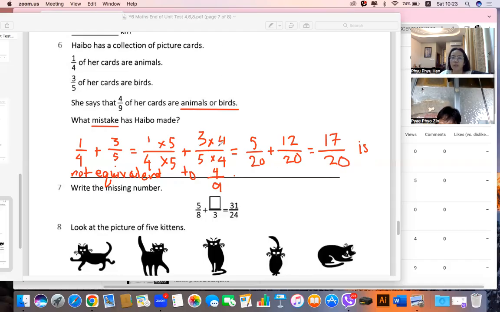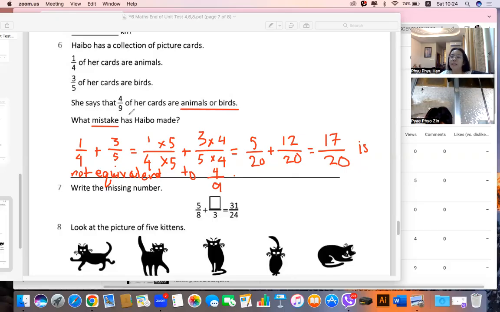But now she says 4 by 9, so she made a mistake, and we checked it and she really made a mistake, because this 17 by 20 is not equivalent to 4 by 9 as she mentioned.